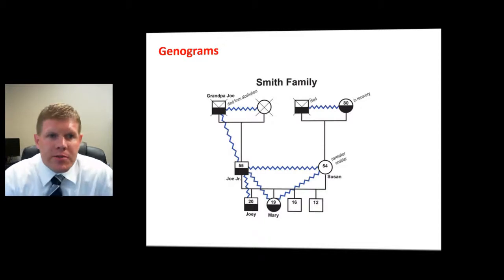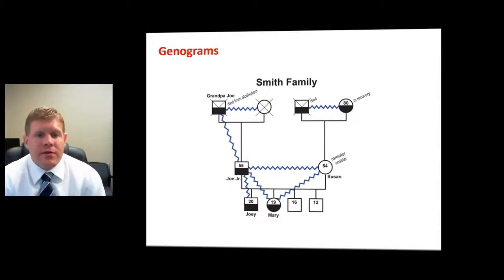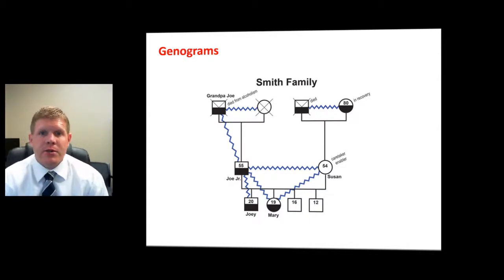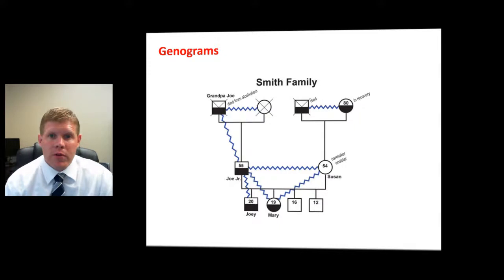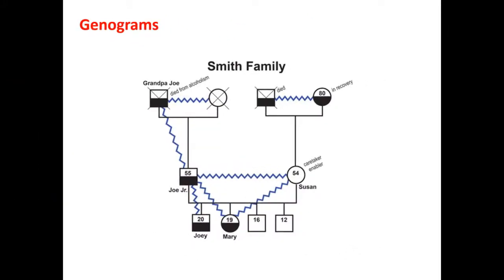So from that perspective, we'll introduce to you the idea of genograms from the family systems perspective. You'll learn more about that later in the course. In fact, you'll be constructing a genogram of your own family. This is just an example of some family called the Smith family, where you will map certain characteristics and behaviors and relationship interactions between family members going back over the course of generations.